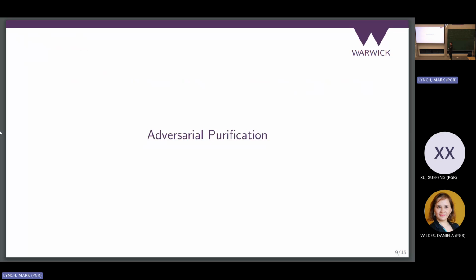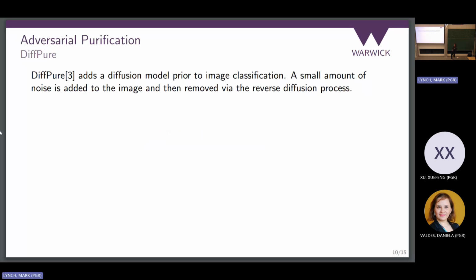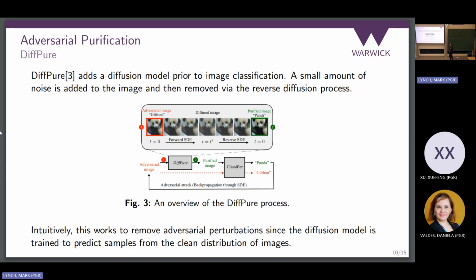Now we can talk about how we can use diffusion models to purify adversarial examples. This has been done in the paper DiffPure. What they do is add a diffusion model prior to an image classifier in an attempt to remove adversarial perturbations from images before classifying. You see here we have an image of a panda.